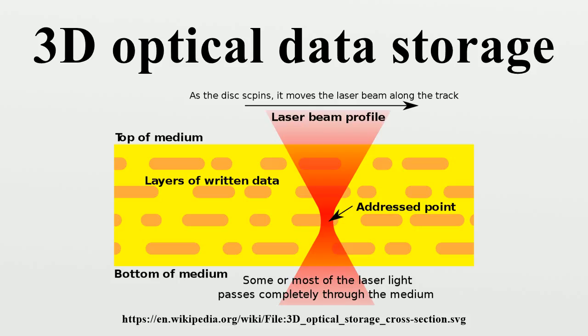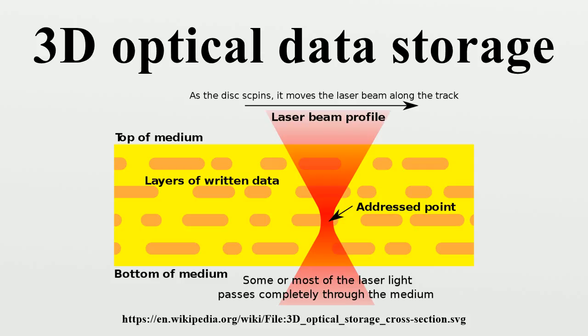When the laser is turned on, it causes a photochemical change in the media. As the disk spins and the read-write head moves along a radius, the layer is written just as a DVD-R is written. The depth of the focus may then be changed and another entirely different layer of information written.